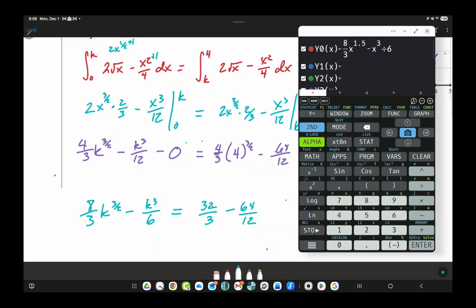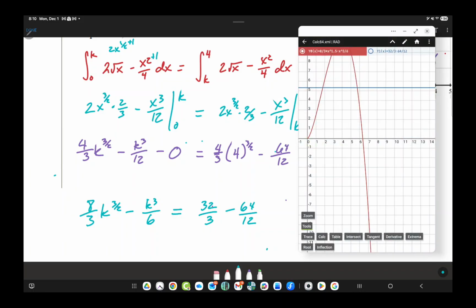And then again, you don't have to simplify this. You can just type it in as it is. 32 divided by 3 minus 64 divided by 12. There you go. So again, you don't actually have to simplify that at all. You can just type it in because it'll do the work for you when you graph.